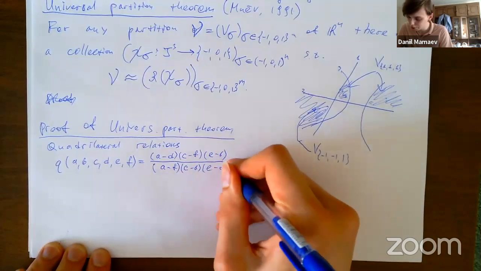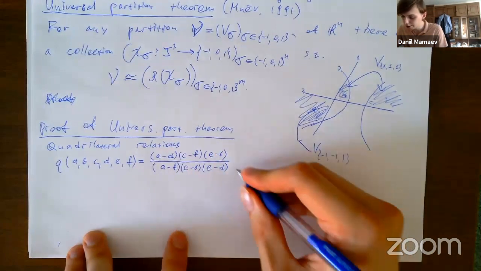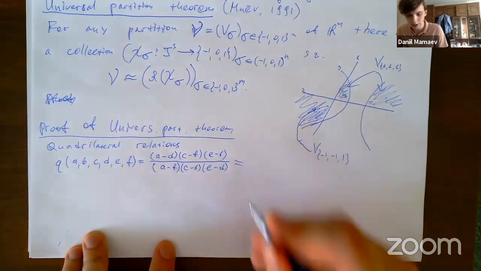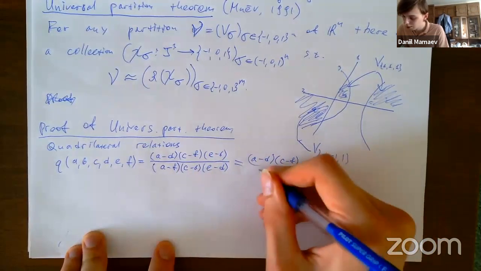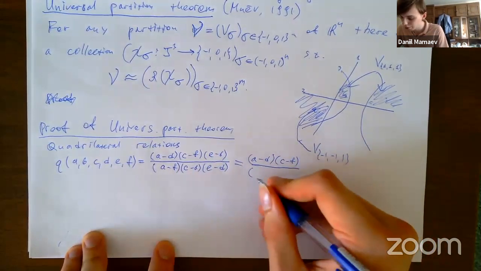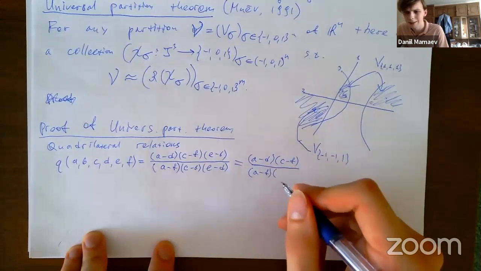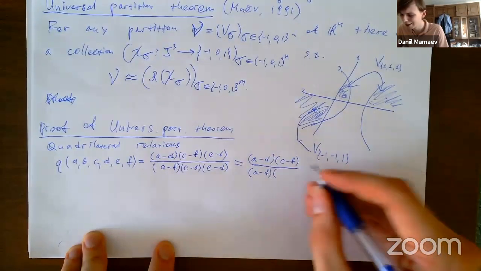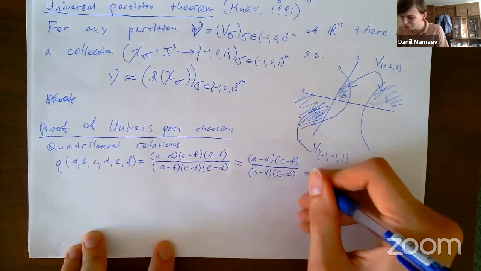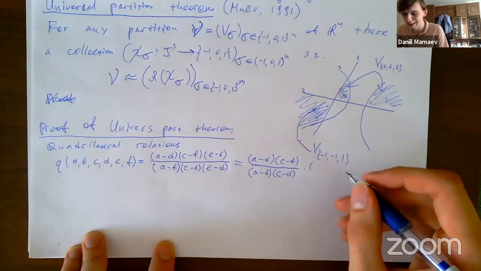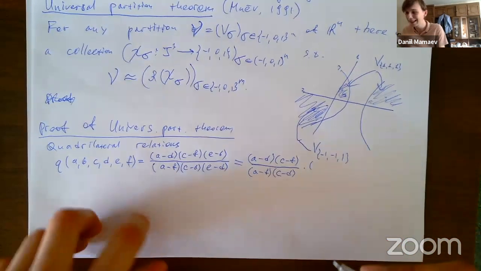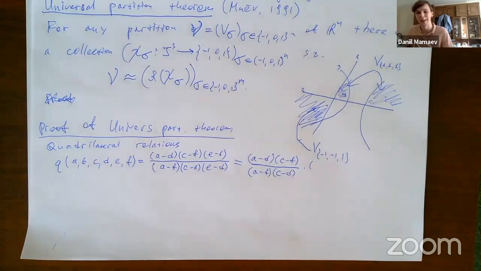First, by these quadrilateral ratios, you can notice that this is just a product of two double ratios. There is a projective invariant, the only projective invariant of 4 points on a projective line, which is called the double ratio, I guess.